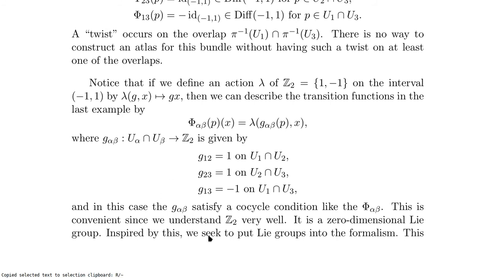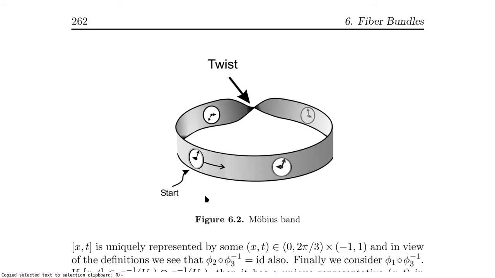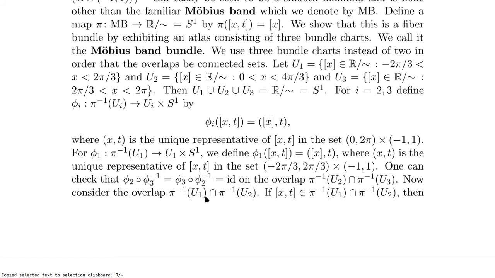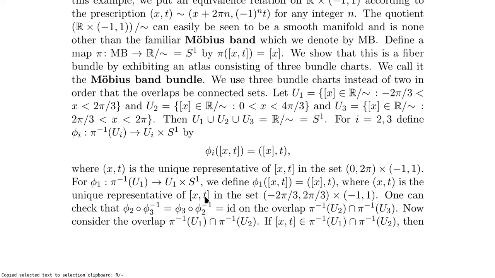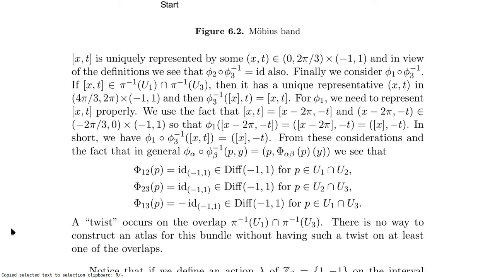He's checking G1, 2, G2, 3 and all these maps, and checking that all of them are well-defined bundle charts. So you have the bundle transition function. I believe that's the big picture of what he's doing. If you're interested, we can go into the details of this long construction.